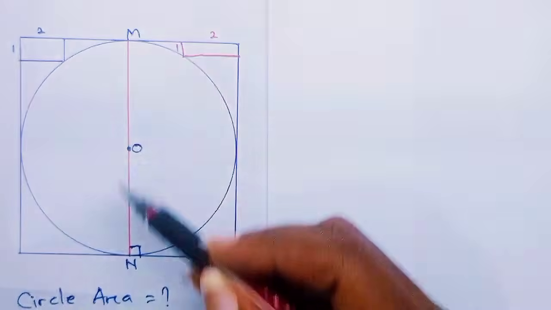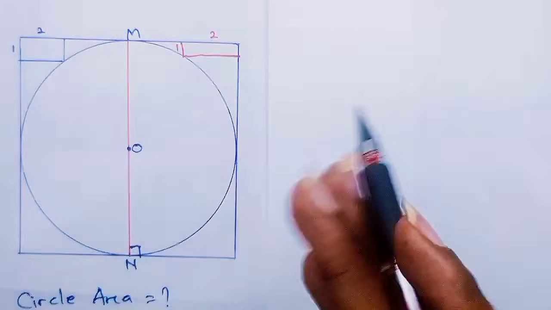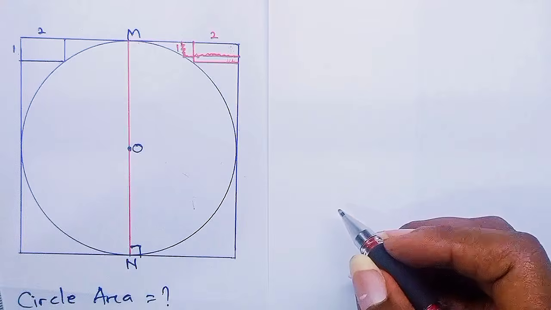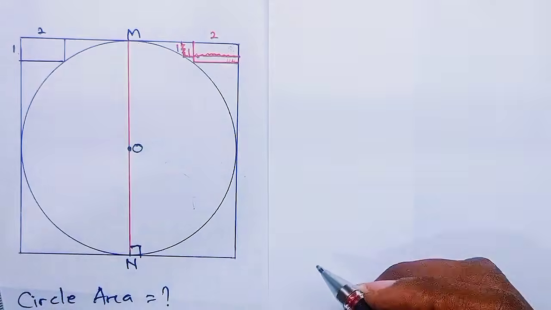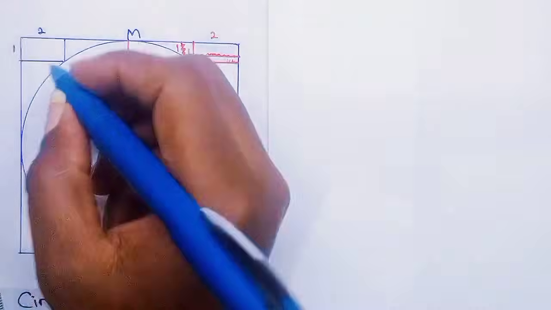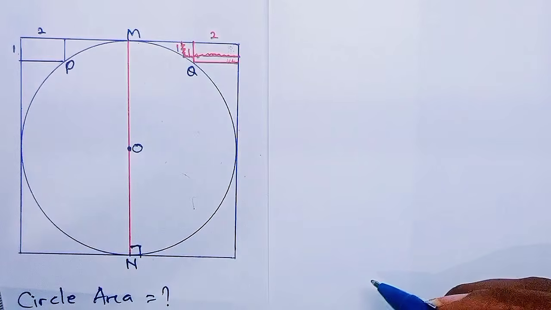So if this was a line of reflection, then this would be mirrored to this side to give us this, okay? So we have, this is 1 and this is 2. Now, let me call this point P and let me call this point Q.